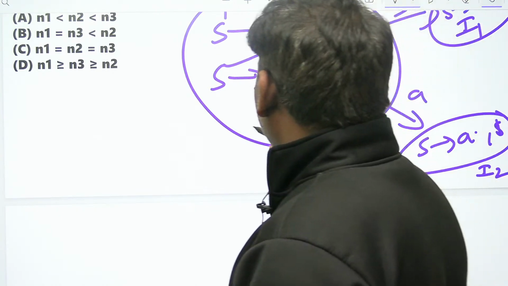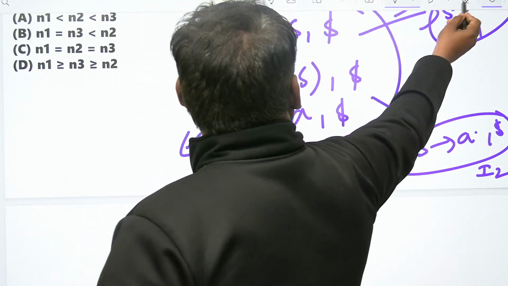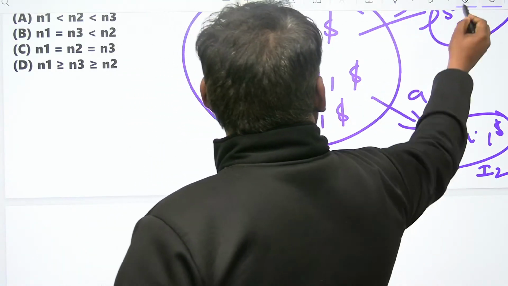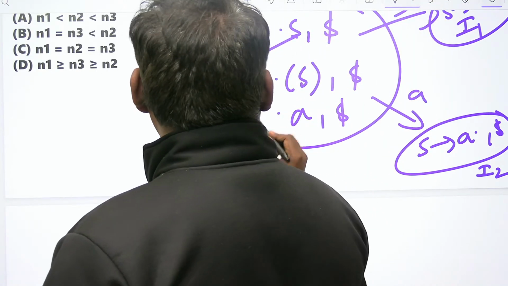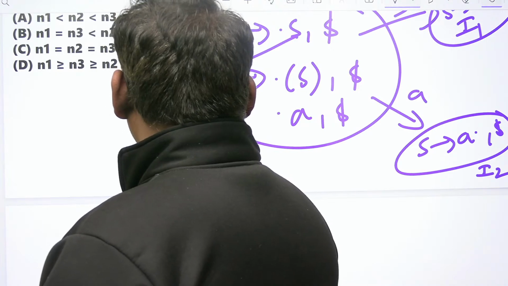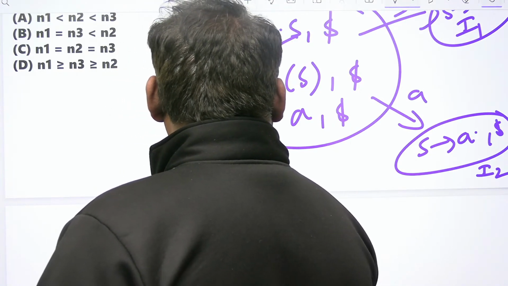I2. Can you say on this state if I give open bracket, what will happen? S goes to open bracket dot S closure bracket, comma dollar.